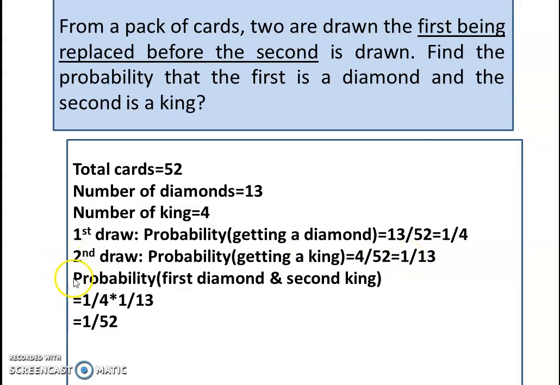Now we need to find the probability that the first card is a diamond and the second is a king. So when we multiply both the probabilities, 1 upon 4 into 1 upon 13, it will give the probability that the first card is a diamond and the second is a king, and that is 1 upon 52.